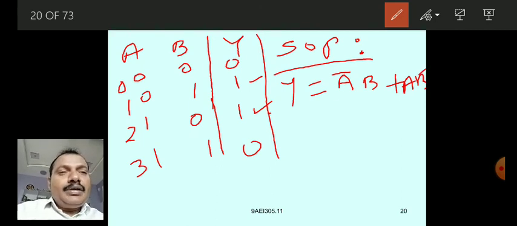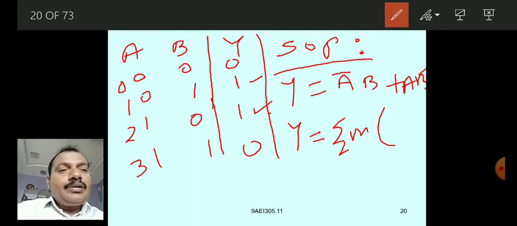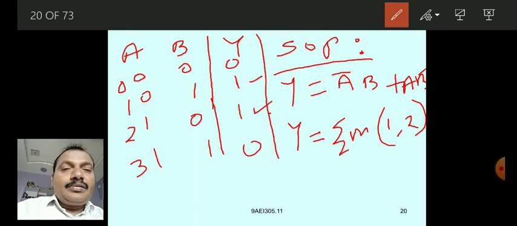So this is the SOP expression, and this expression you can write like this also: sigma small m, where the outputs are ones, at the decimal equivalent 1 comma 2. So SOP form for this truth table is like this. You can write in both the ways.